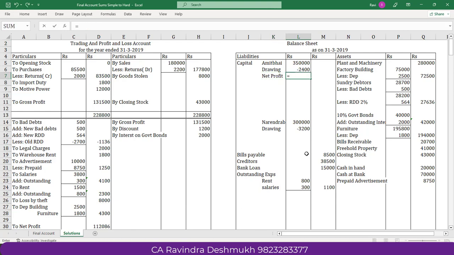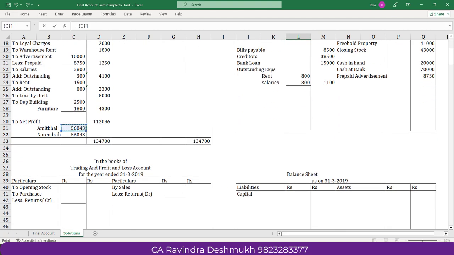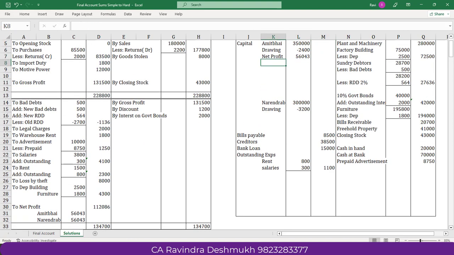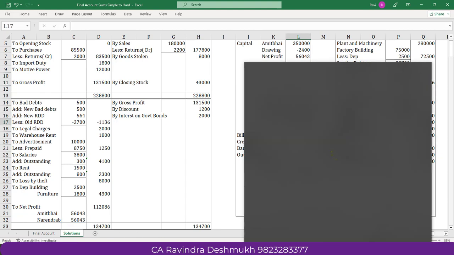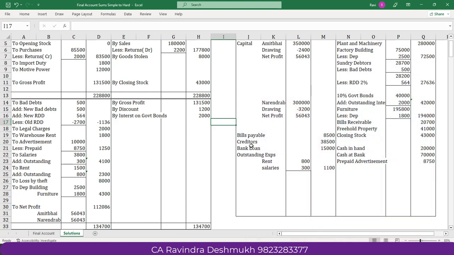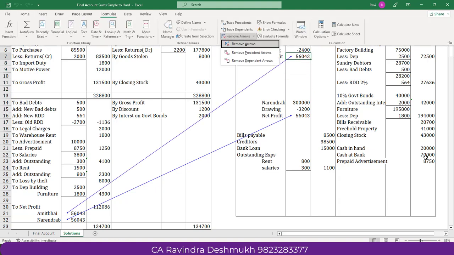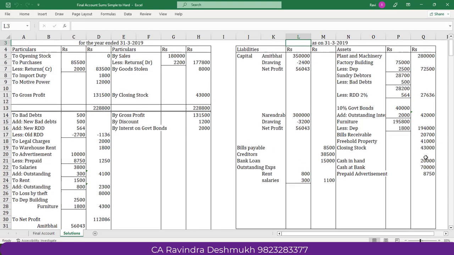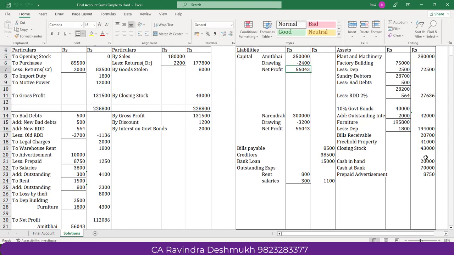It will be added here, and the same net profit will be added here as well for Narendra Bhai. So you can see the distribution of net profit we have shown, taken to the liabilities.